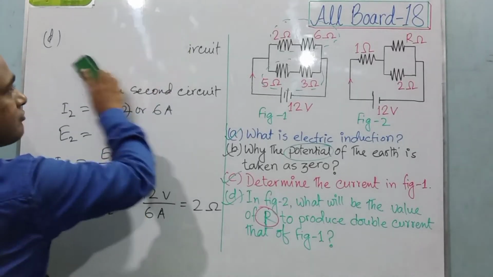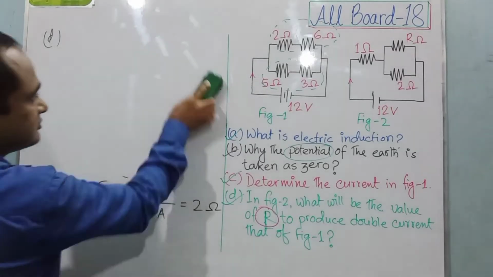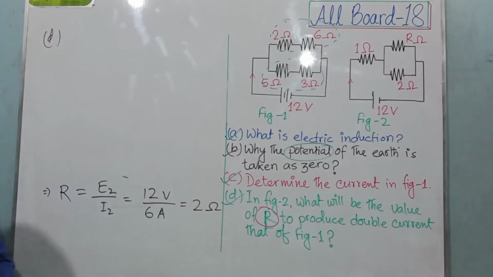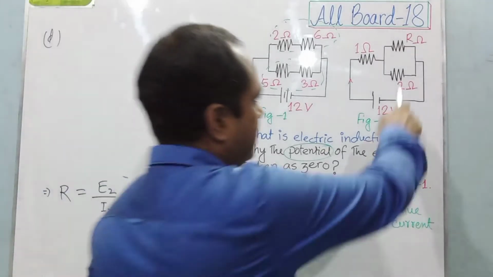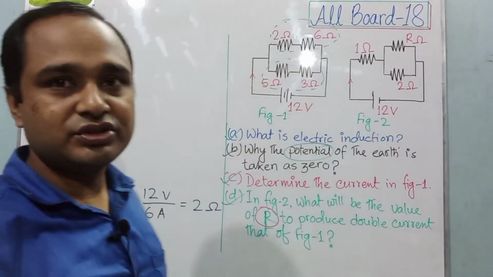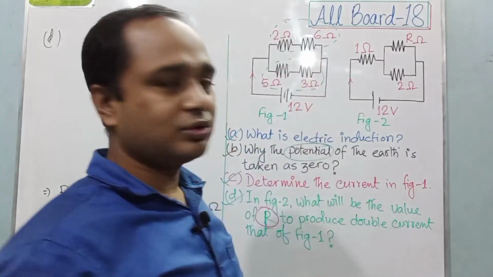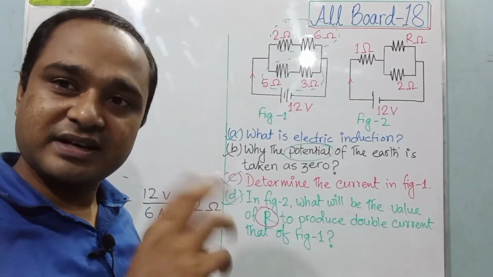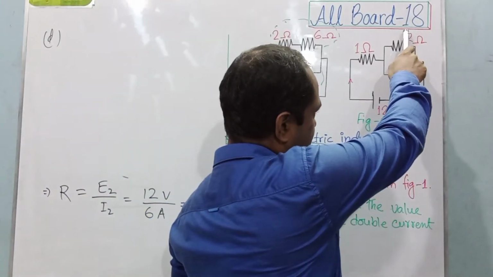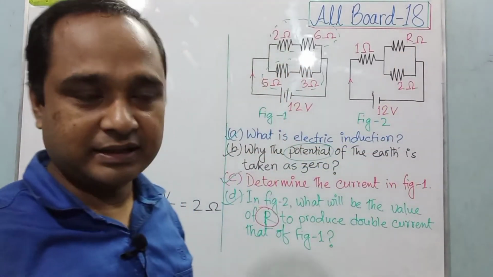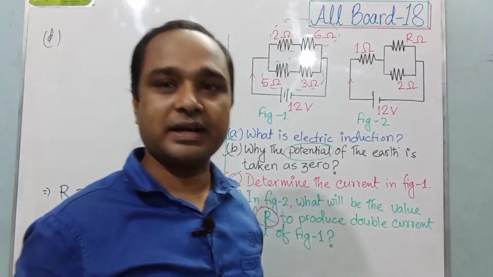Now according to the figure, here R and 2 are connected in parallel, and the 1 ohm resistance is connected in series with the parallel combination.